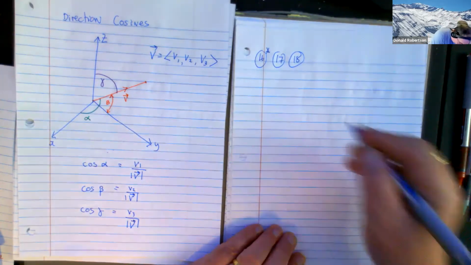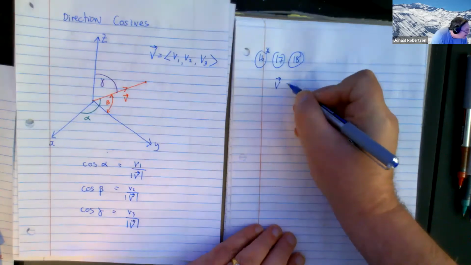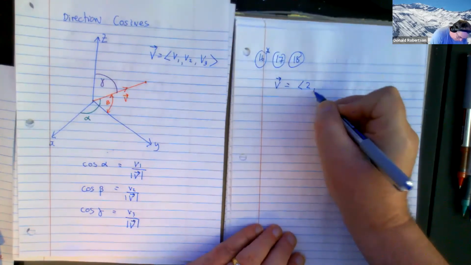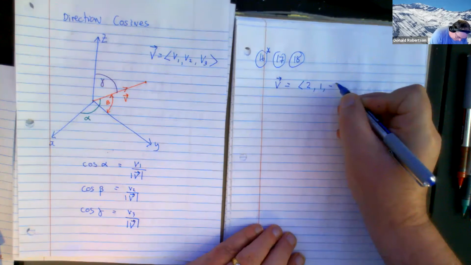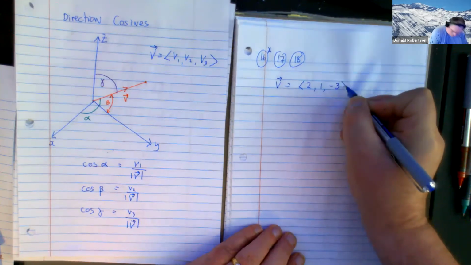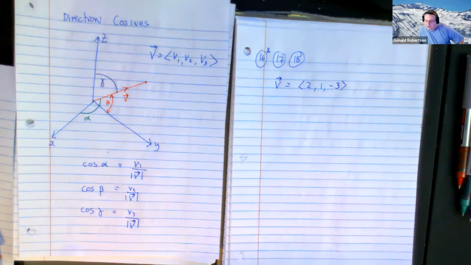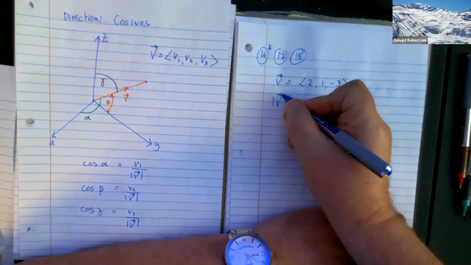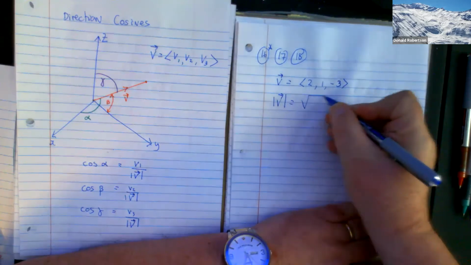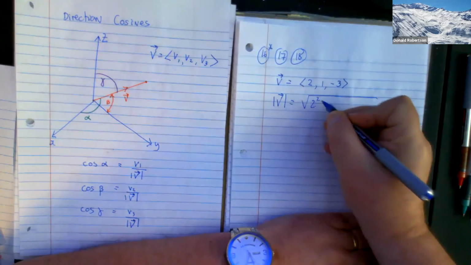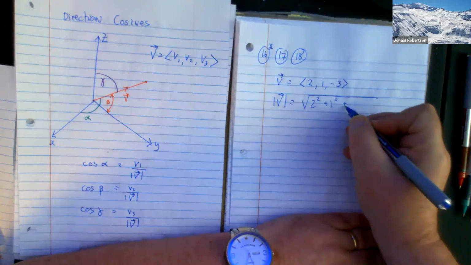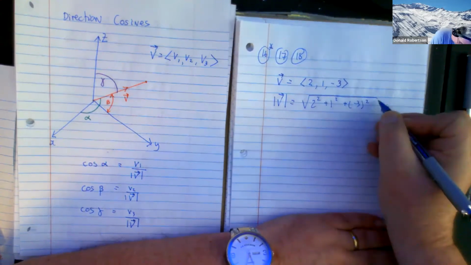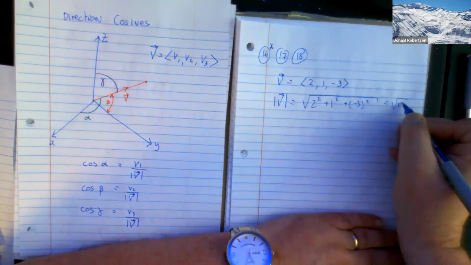So the vector v is going to be 2, 1, negative 3. I'm going to find the magnitude of v, which is 2 squared plus 1 squared plus negative 3 squared, which is what? Square root of 14.